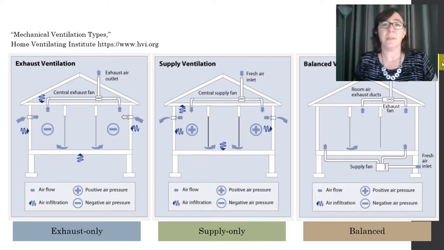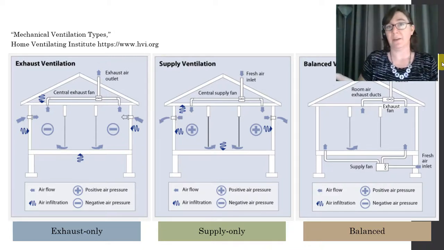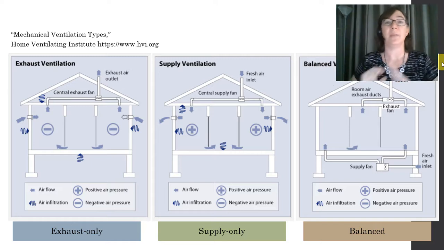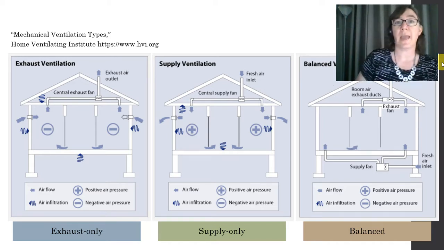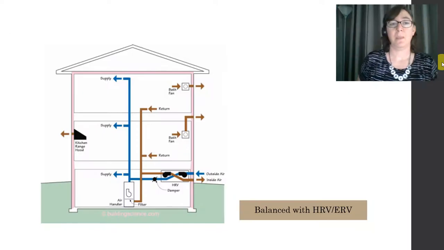Oh, wait a second, Sarah, why isn't there any return air? It turns out we're only looking at ventilation systems in these diagrams and not heating and cooling systems. But most homes will combine all of these systems into one system. So let's take a look at what that could look like.